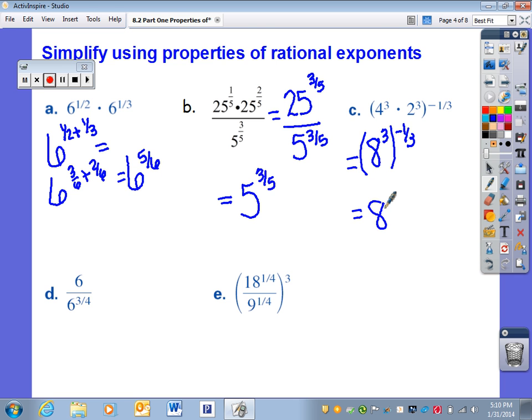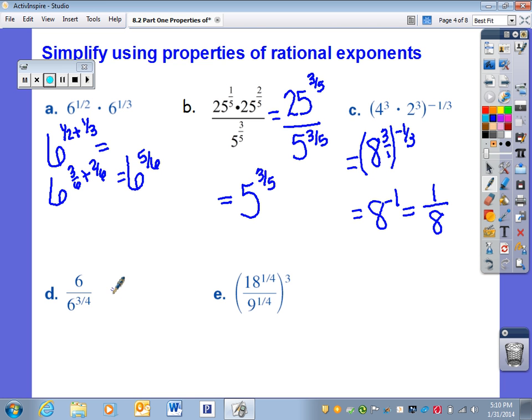So we keep the base, and when we multiply the exponents, 3 over 1 times negative 1 over 3, that gives us a negative 1 power. And we also want to make sure that we have positive exponents, so when we do have a negative exponent, it tells us to take the reciprocal of the base, and then our exponent becomes positive. So our final answer would be 1 over 8.